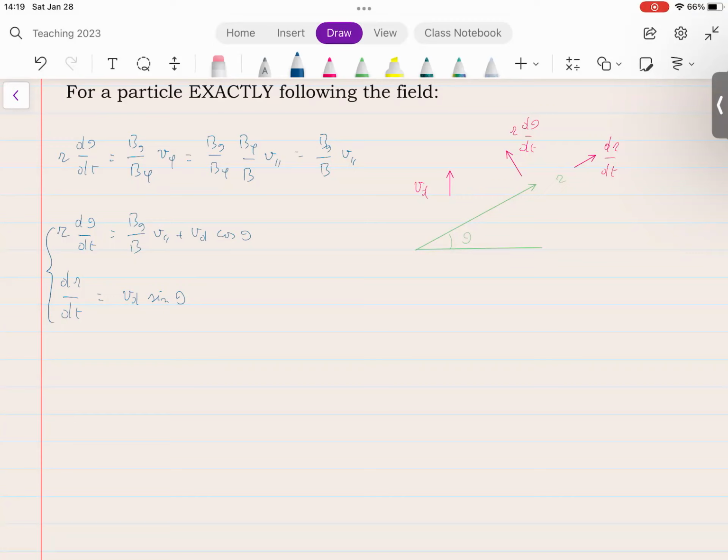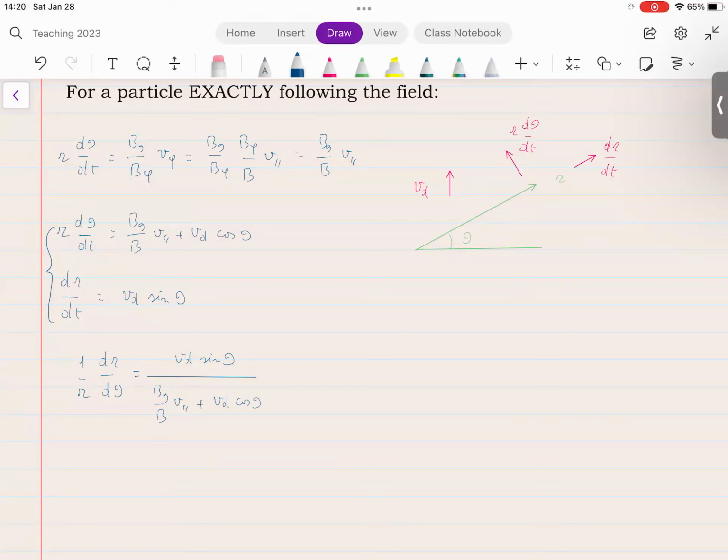So the last step I'm going to do, and then we'll finish this calculation in the next lecture, is take the ratio of those two, and I'm going to find that dr over r d theta is going to be equal to v drift sine of theta divided by B theta over B v parallel plus v drift cosine of theta.